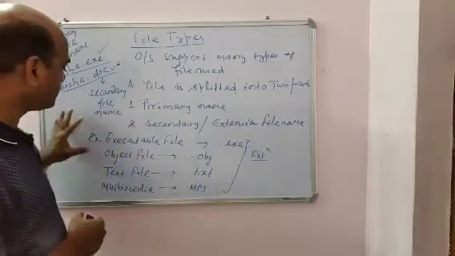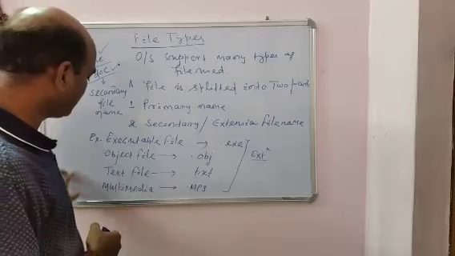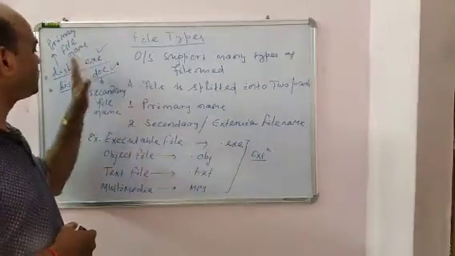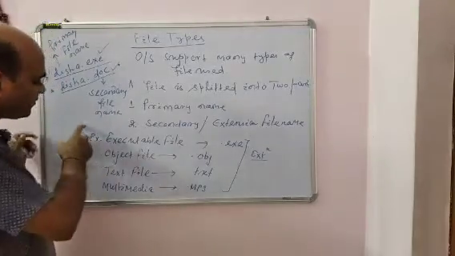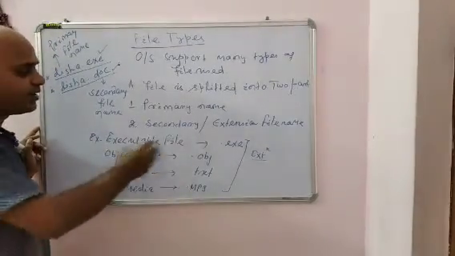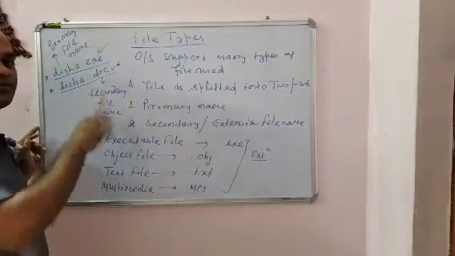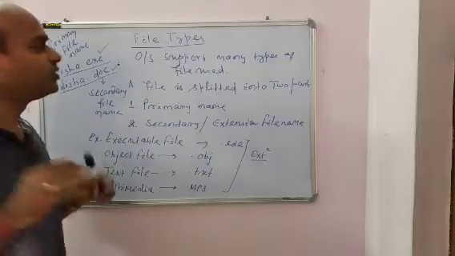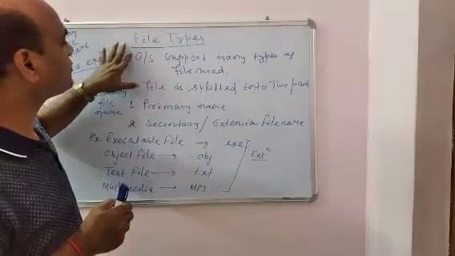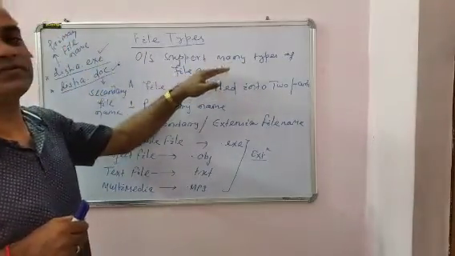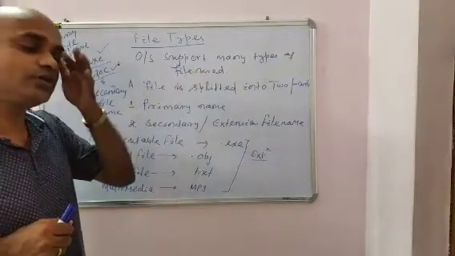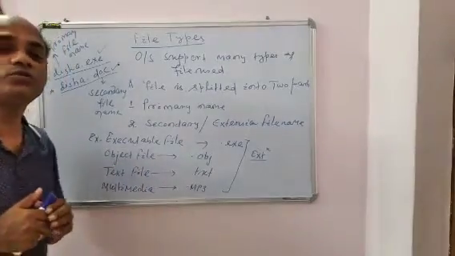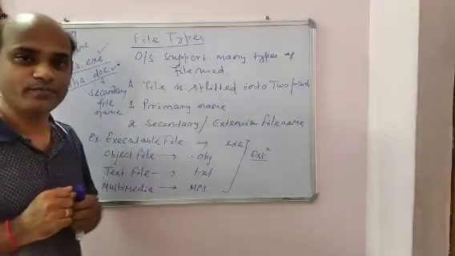For each and every file created, an extension part is added to identify which type of file it is. In this way, the operating system supports many types of files used by the user. The main motto of creating a file is to store information in computer memory.